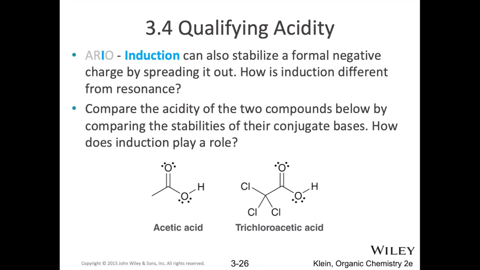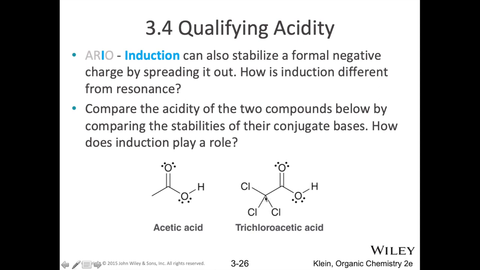Do we have any electronegative elements that are within a couple of bonds of our negative formal charge? In this case, with trichloroacetic acid, we have three very electronegative chlorines that are one carbon away from that resonance system. That oxygen with the negative formal charge is 1, 2, 3 bonds away from these electronegative chlorines.